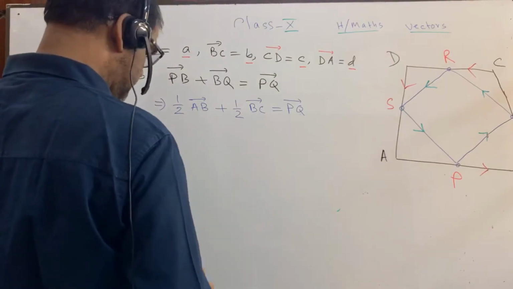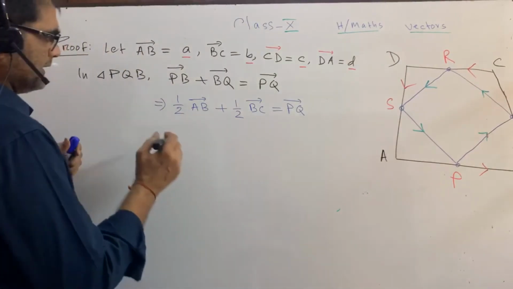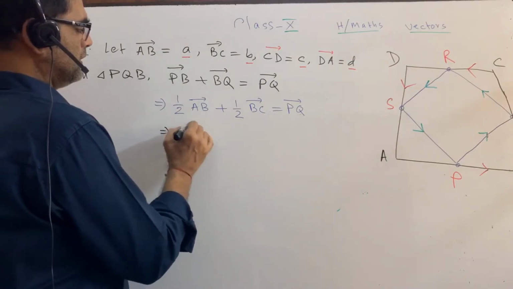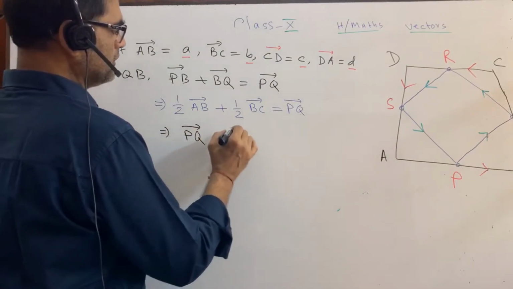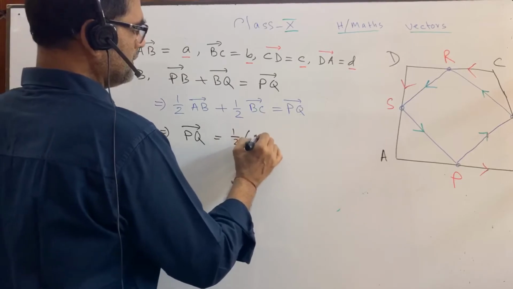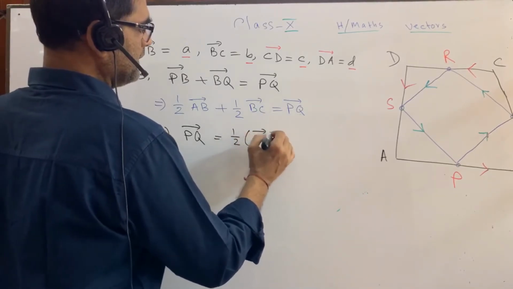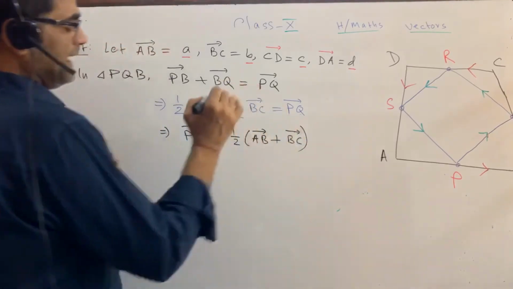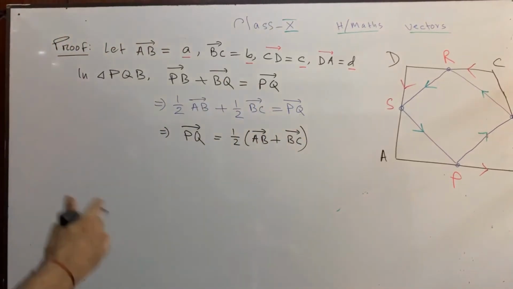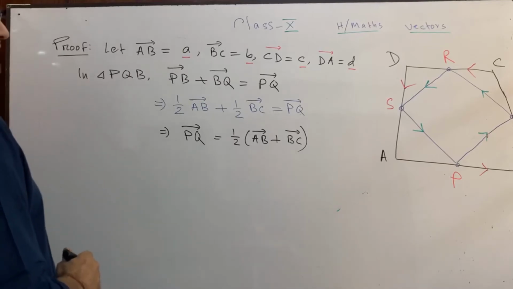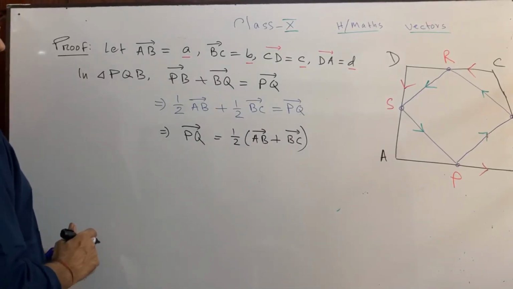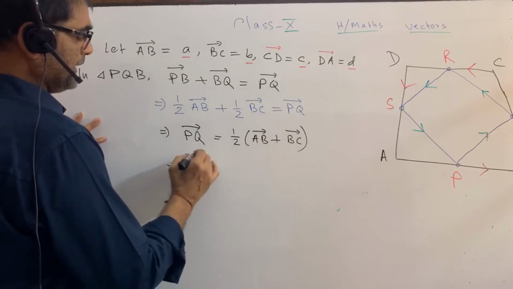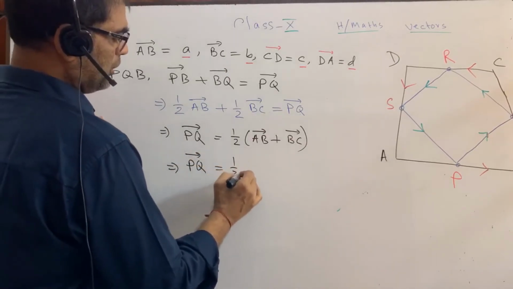Now from here we can write that PQ is equal to half of AB plus BC. I have taken half common. Now you see, PQ is equal to half of, what is AB?